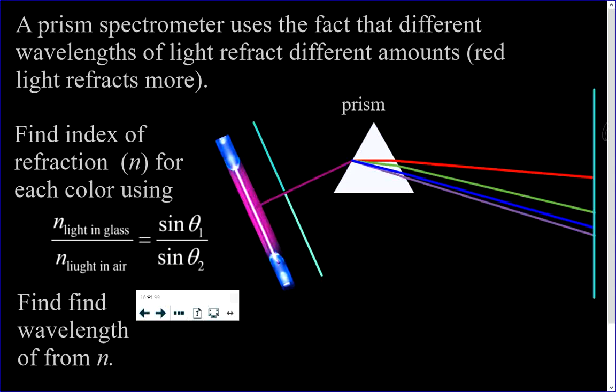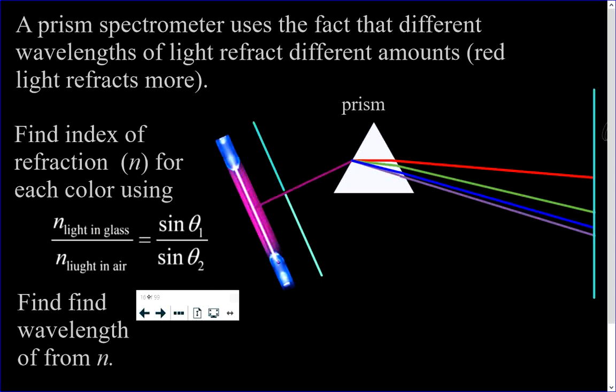You can measure the angle of incidence and the angle of refraction, and knowing the index of refraction of light in the air, use that to calculate the index of refraction of the color you're looking at in the glass, and then figure out the wavelength from that.